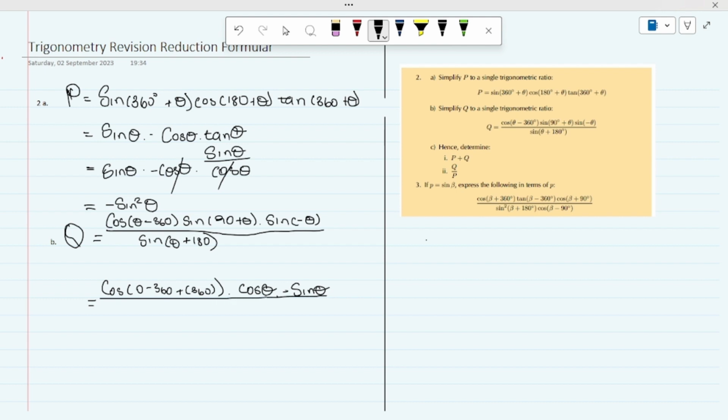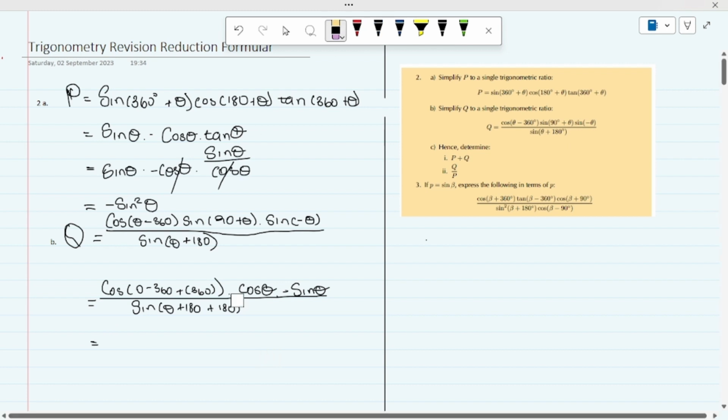Right, so it's all over, here in this case we have sine theta plus 180. So basically this is what? No, I'm incorrect here.